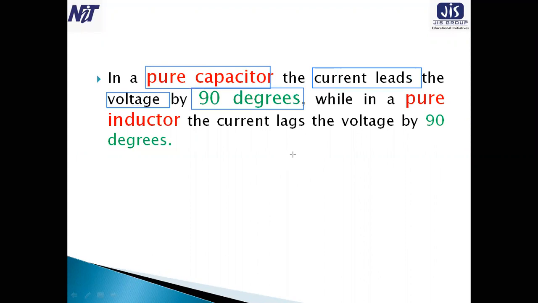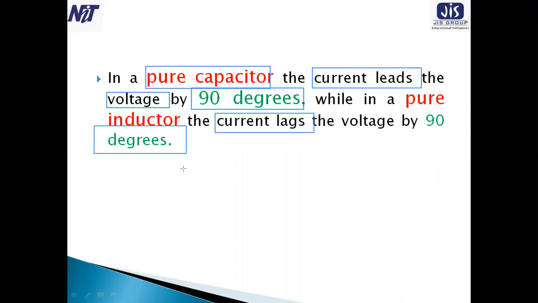That means the current lags behind the voltage. So it is a capacitive circuit, and obviously the current will lead the voltage by 90 degrees, while in a pure inductor, the current lags the voltage by 90 degrees.